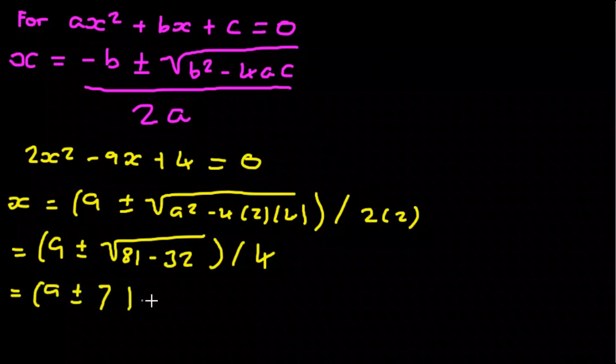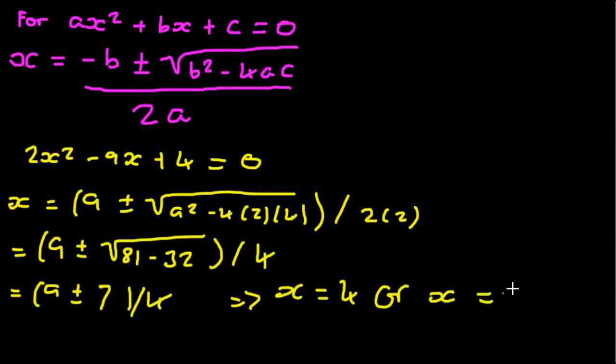And again, all that's over 4. So this leads to plugging in plus 7, we get x is equal to 16 over 4, which is 4, or x is equal to 9 minus 7 divided by 4, so that's 2 over 4, so that's 1/2. And those are our two solutions.